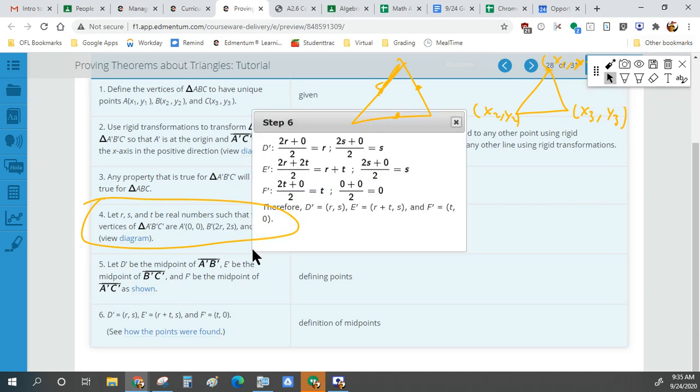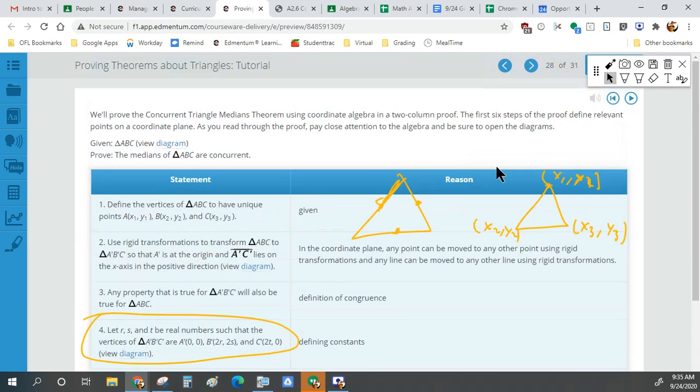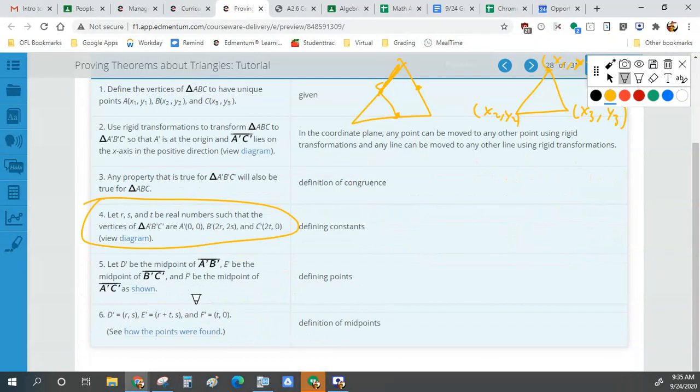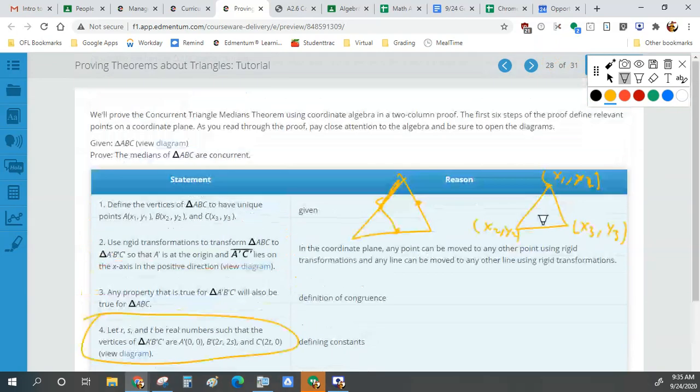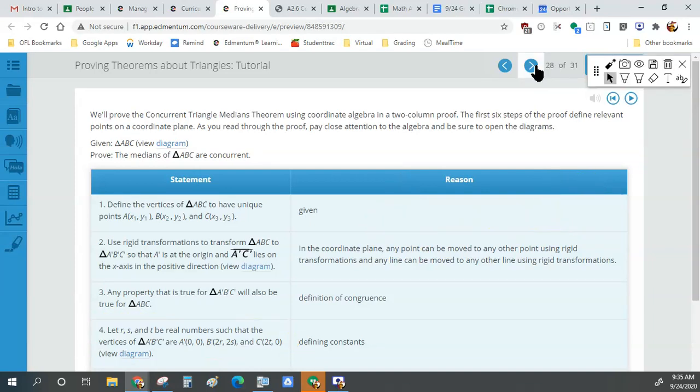You can always click this picture to see what they found here. They're saying that if they double it, they're going to essentially make this triangle here, is what I believe they're saying. Definition of midpoints. I believe they're going to do it with all 3 sides and then find the middle of that triangle.